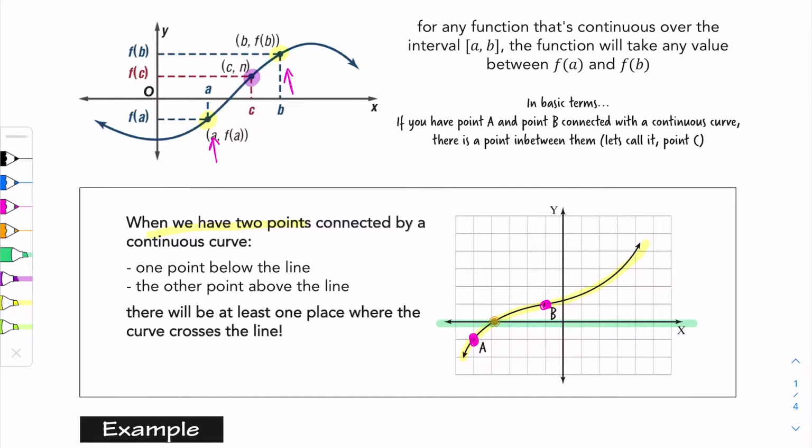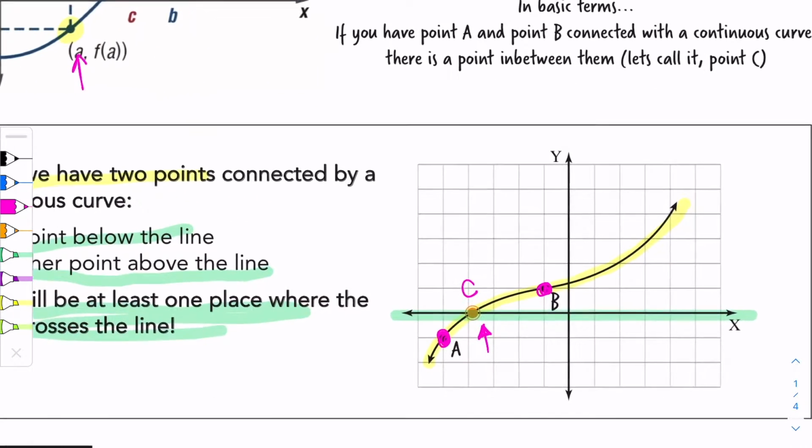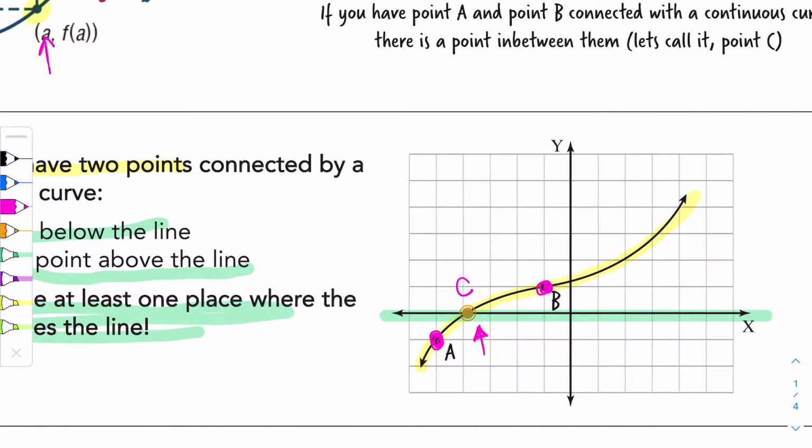So if we have 1 point below the line, that would be point A, and another point above the line, that would be point B. There will be at least one place where the graph crosses the line. That's this point right here. Let's label that point C. Point C is where this curve crosses the line I just labeled in green.